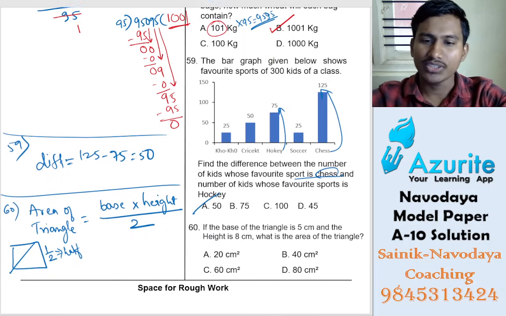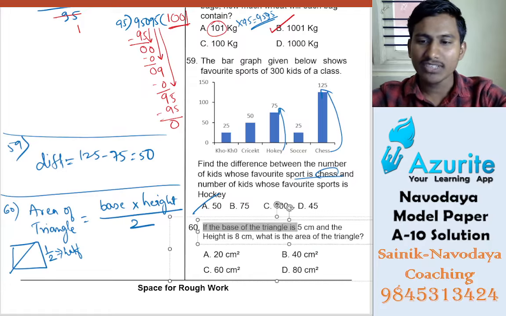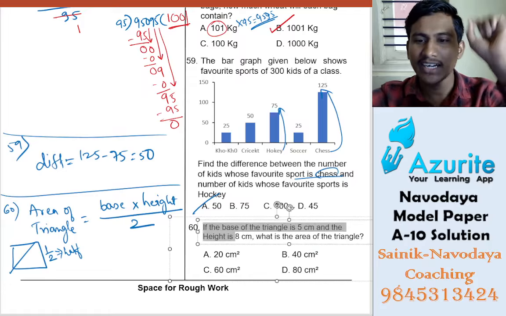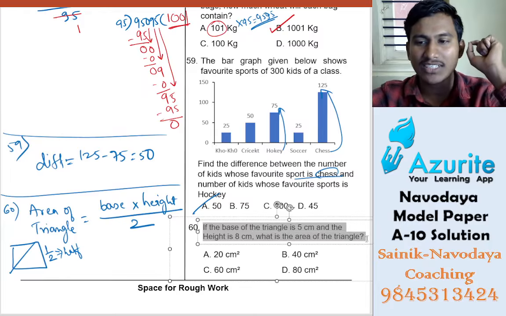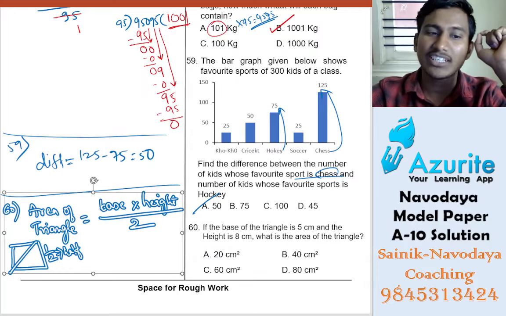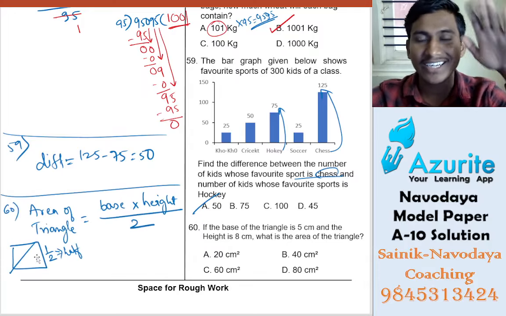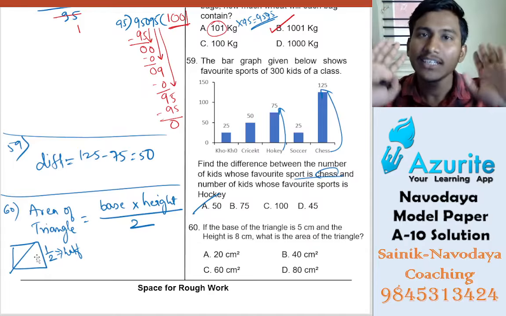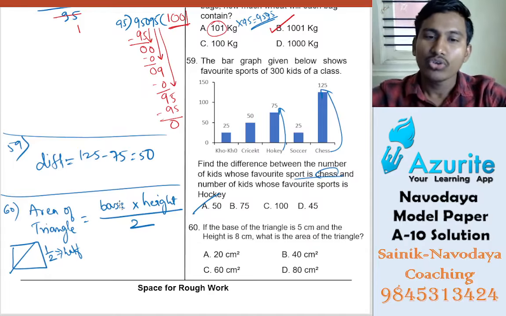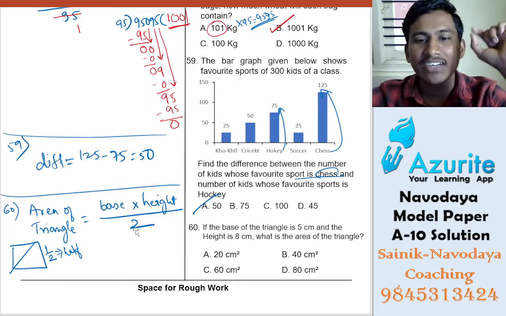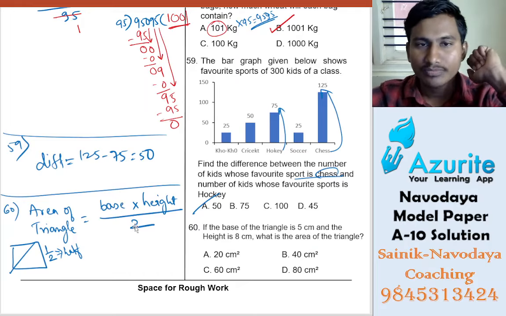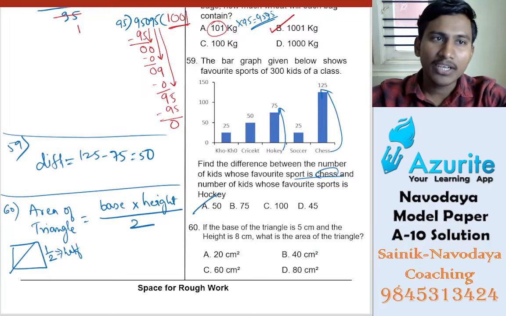Now the next question, 60, is also easy. The base of the triangle is 5 cm and the height is 8 cm. What is the triangle's area? How do you find the area of a triangle? If you see here, this is a rectangle. Half of the rectangle is the triangle. So you multiply base into height and take half, divided by 2.